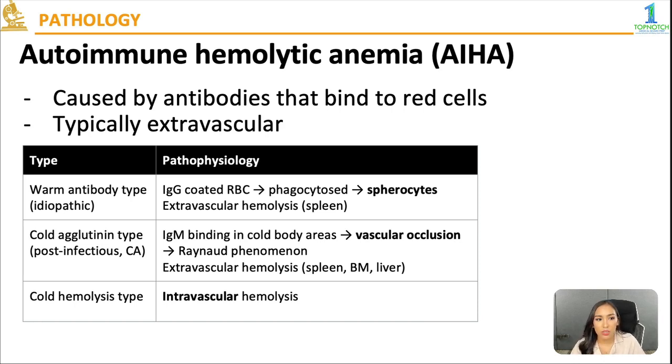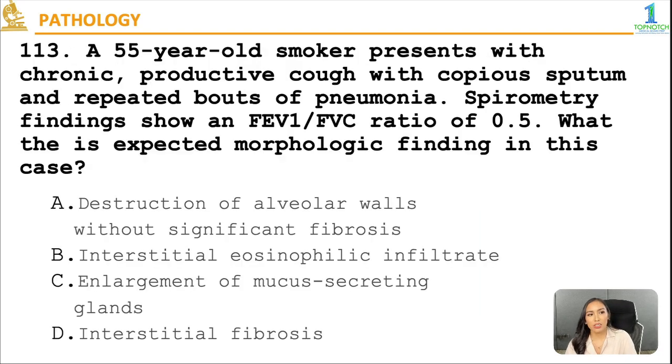Whereas in the cold hemolysin type, it's intravascular hemolysis. So, let's go back to the case, no? Sabi doon may SLE. So, alam na natin, this is probably warm antibody type. And so, how would you diagnose that? You would use the direct Coombs test. Okay, direct Coombs test.